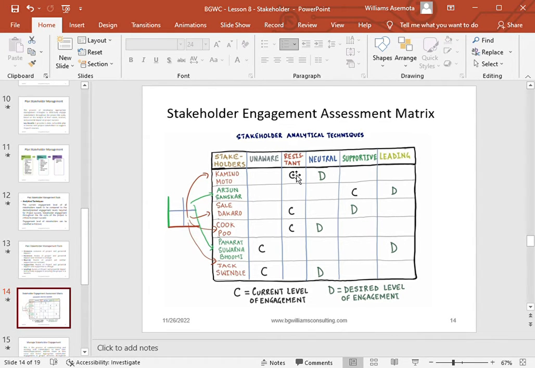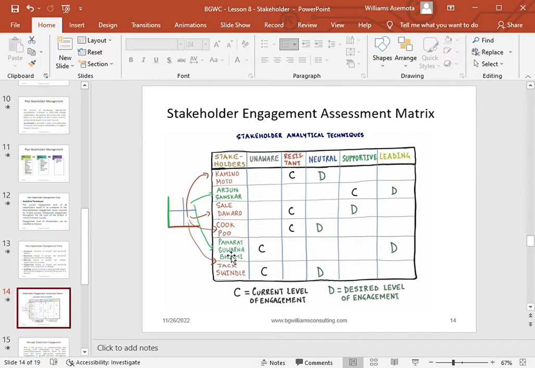Which means this Camino that is resistant gives you the opportunity to have a one-on-one discussion with him and say, what is going on? Is there any problem? At the initial stage of our project, you were supposed to be neutral, but we have discovered that you are resisting the project. Is there any problem? Is there something we are not doing well? He can open up, explain to you, and talk to you.